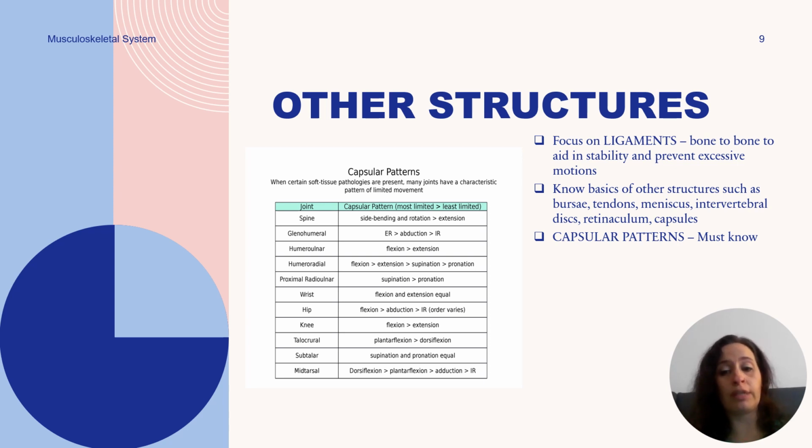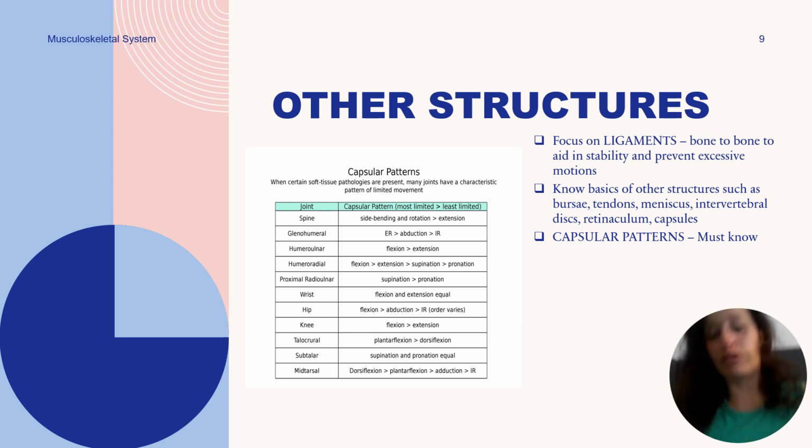When it comes to ligaments, those around the knee, we know are very important. If you don't know all of your ligaments, at least go to the knee ligaments. They're always going to ask about ACLs, PCLs. The knee is just one of those very important joints that every structure matters, including all its ligaments.